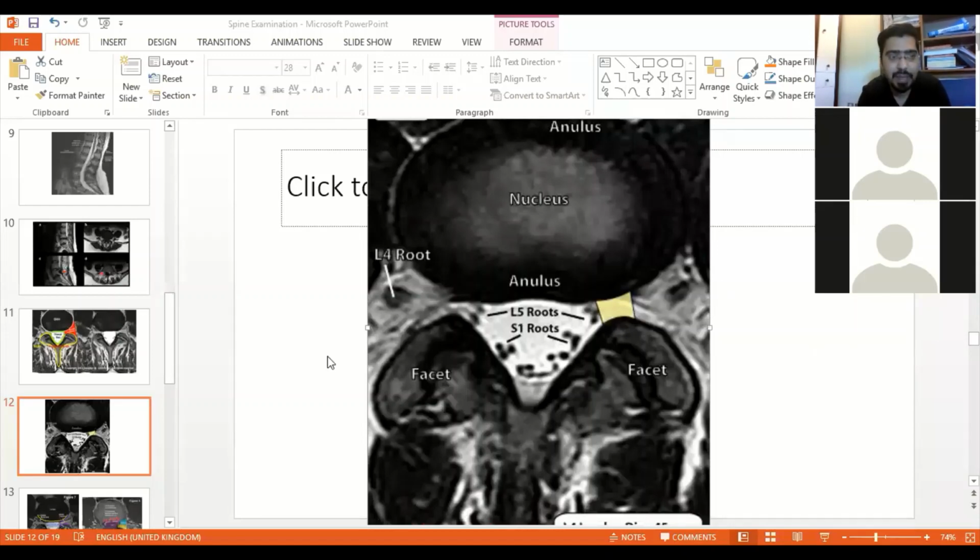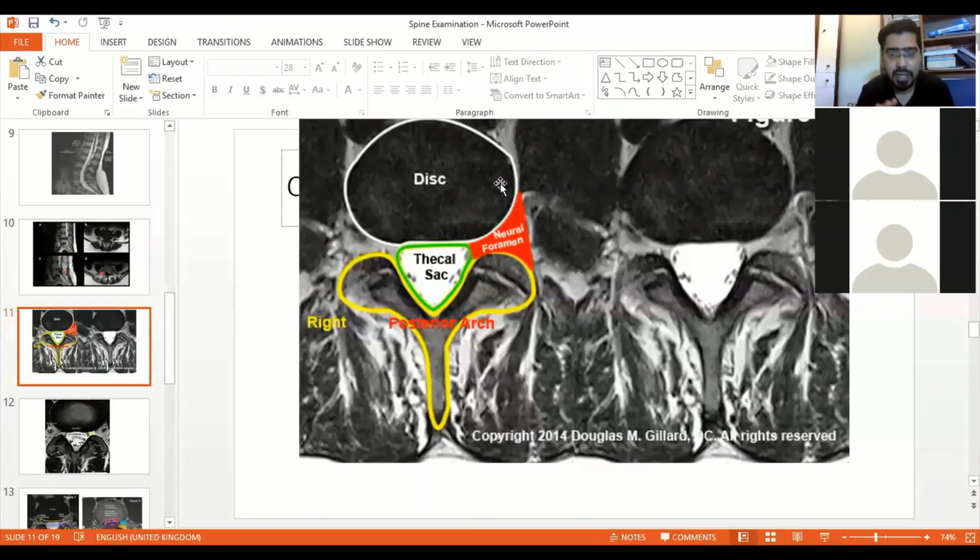So on the last slide, how you have to read the axial section. So you see this is the disc, this is the thecal sac, this is the posterior arch, these are the facets, anterior facet and posterior facet. Both facets are visible. This is the neural foramen. So in the neural foramen at the lumbosacral level, we have the traversing nerve root.